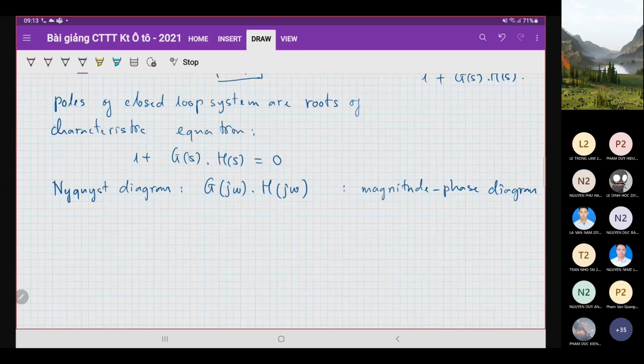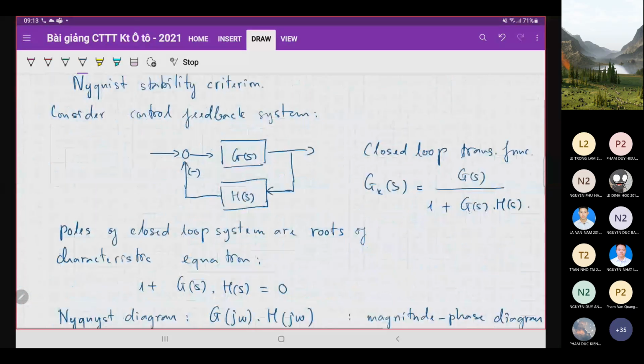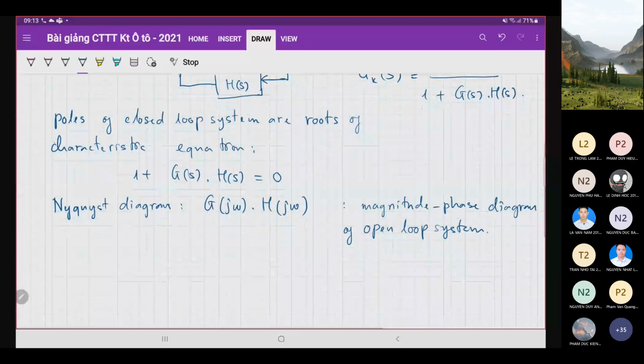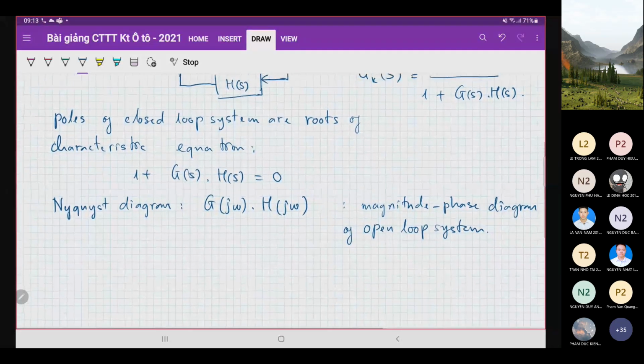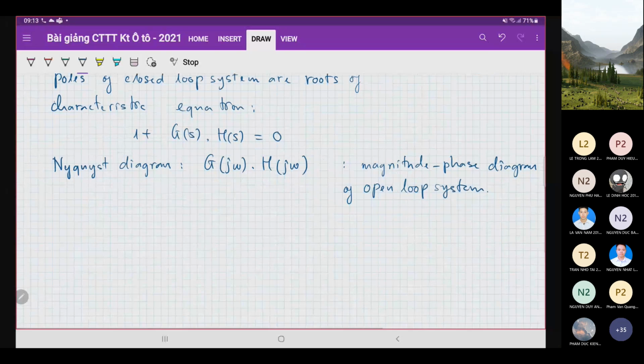It is actually a magnitude phase diagram of the open loop system, and when we draw it on the imaginary and real plane of G(jω), we call it the Nyquist diagram of the open loop system.